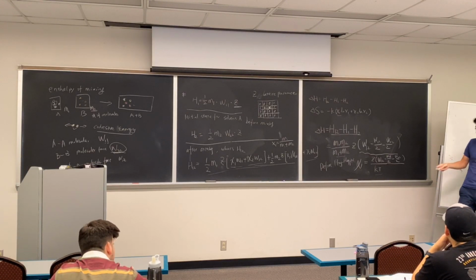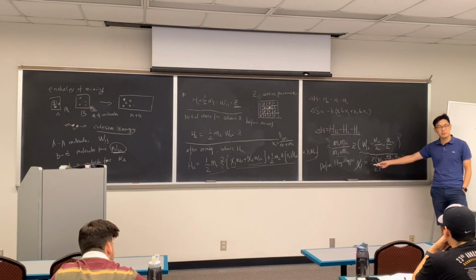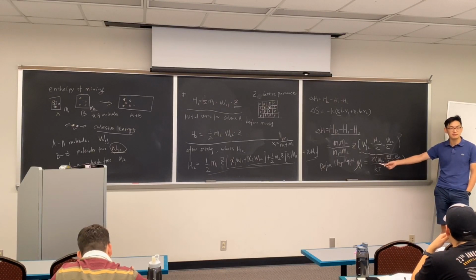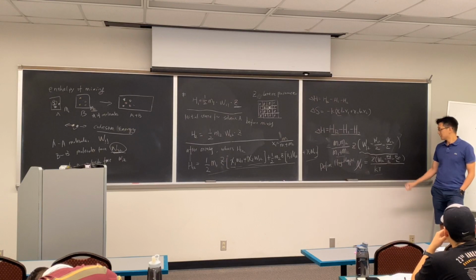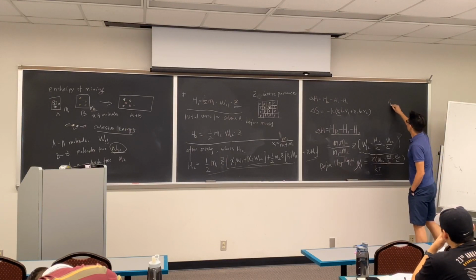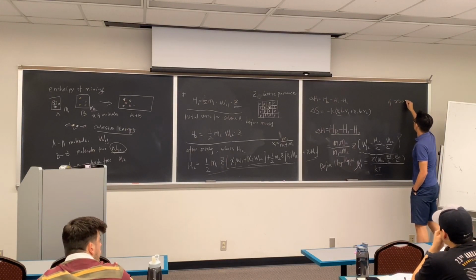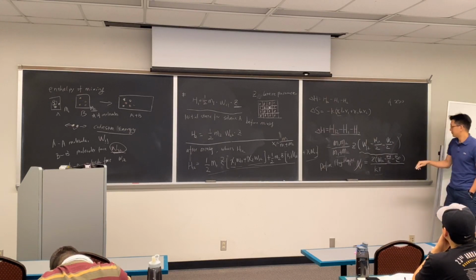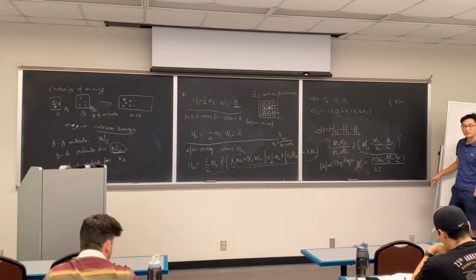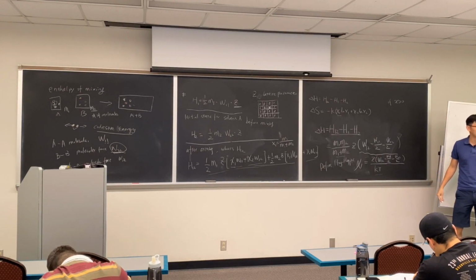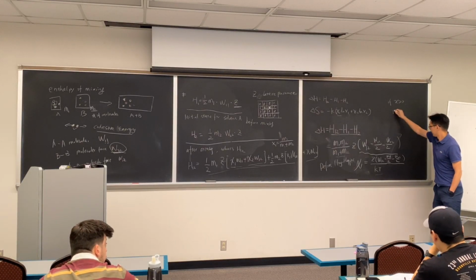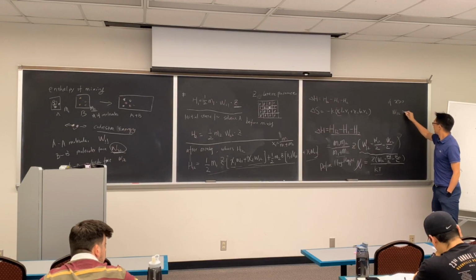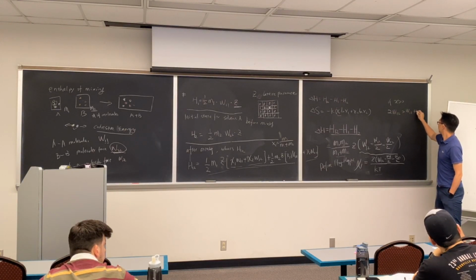So chi, if this parameter is larger than 0, what's the physical meaning of it? Hey, anybody? 1, 2 is greater than 1, 1. Yeah, I agree with that.